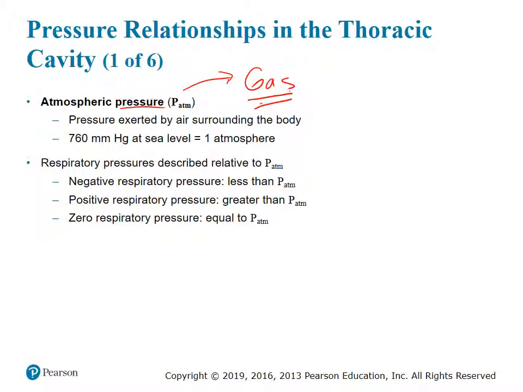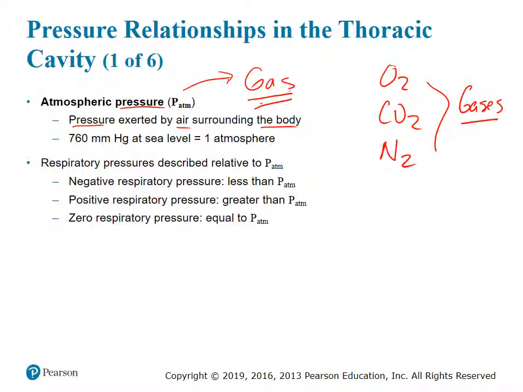Things like oxygen, carbon dioxide, and other gases that exist in the environment are in fact gases, and these gases are all influenced by pressure, right?